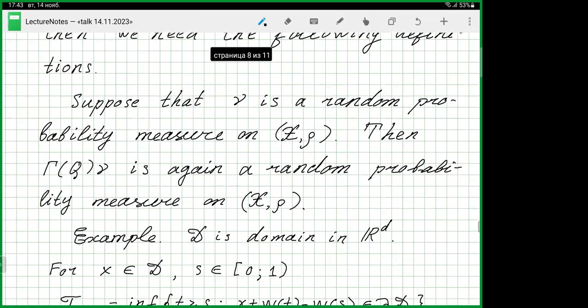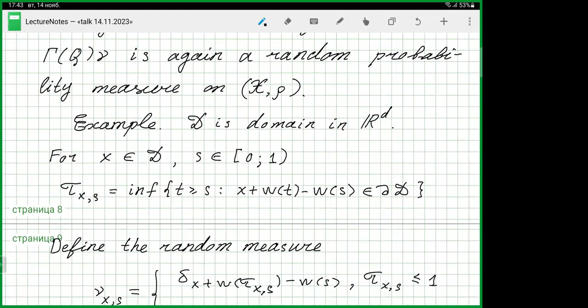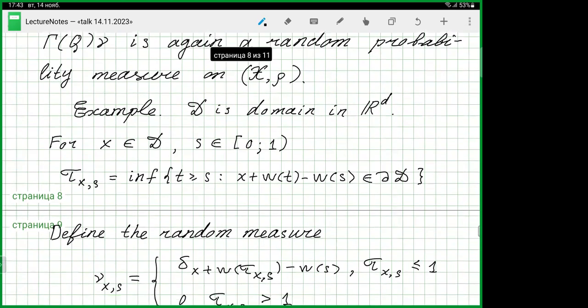So it can happen that nu of all X is less than 1. Example: if D is a domain in R^d, for x which belongs to D and s which belongs to 0, 1, let's define tau x s, the first hitting time to the boundary, and one can define the random measure as follows.